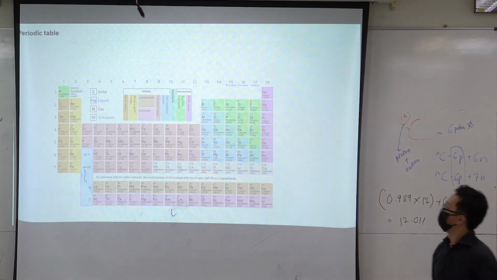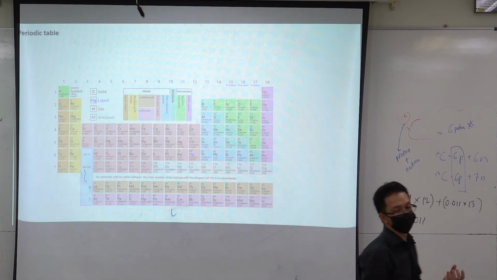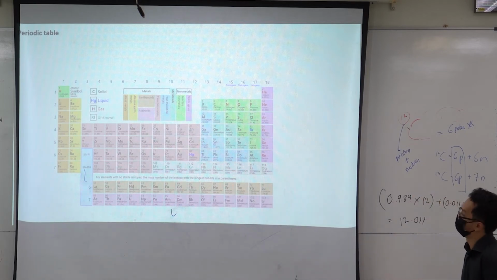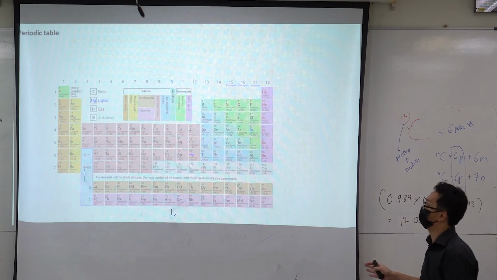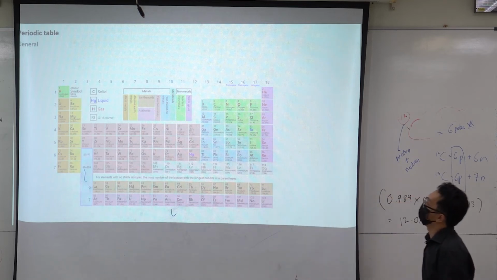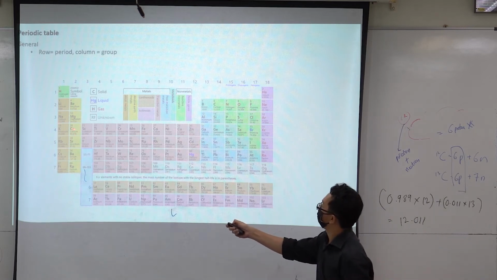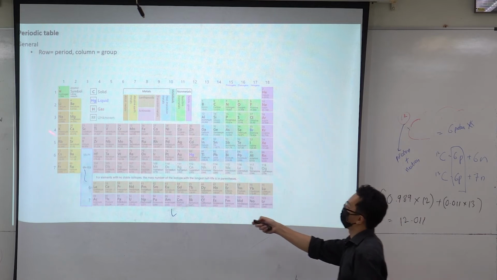So next, we are done with knowing what the numbers mean in the periodic table. Now we want to look at the periodic table in general, and give an overview. If you look at the periodic table here, the row we call a period.